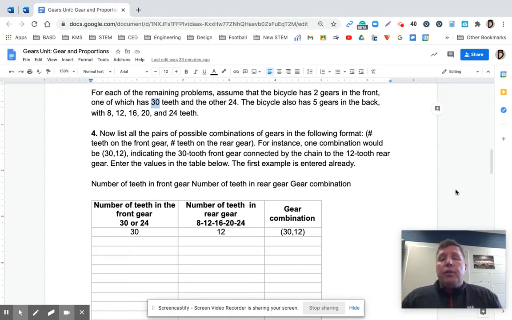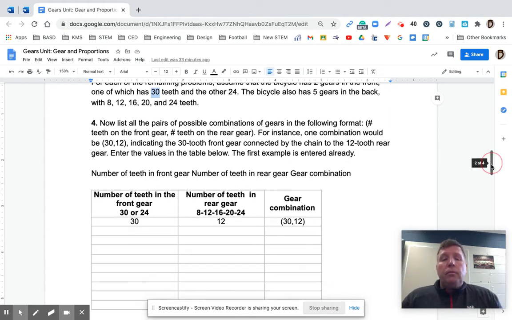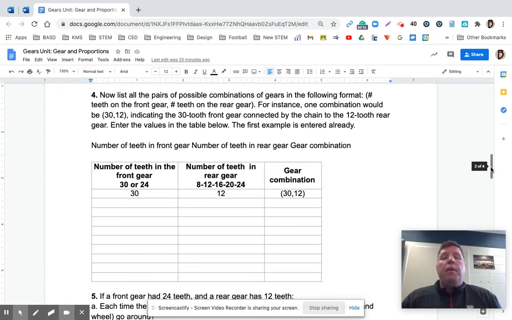For this section, what you need to do is imagine and list as many possible combinations as we can come up with, 30 or 24, the 30-tooth gear or the 24-tooth gear. And then the other gears are 8, 12, 16, 20, and 24.